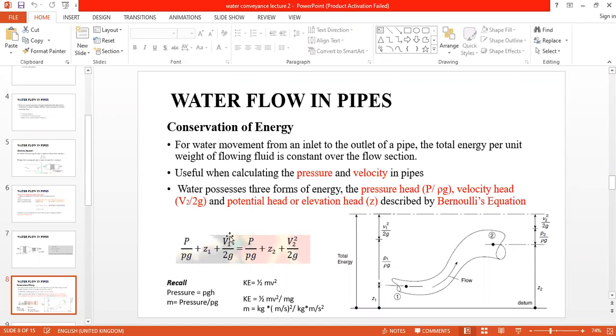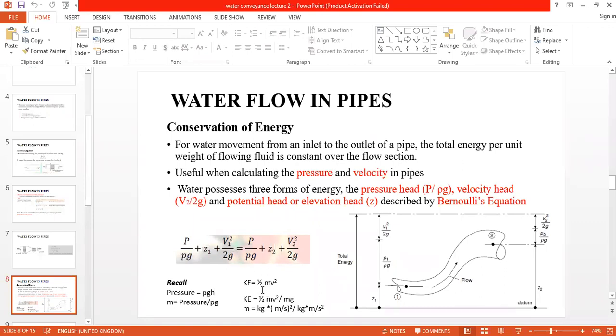Then also we talked of the velocity, the kinetic energy. And you remember yesterday we said that kinetic energy is equal to half mv squared. But now, because we want all these to be in the same unit, we have to convert this kinetic energy to a unit of meters as well.